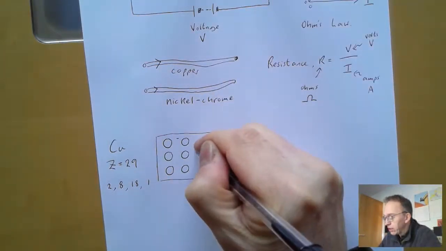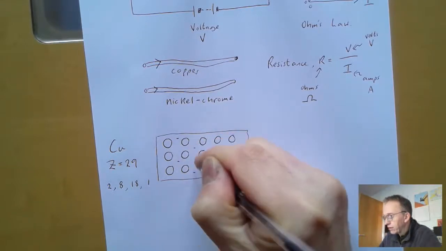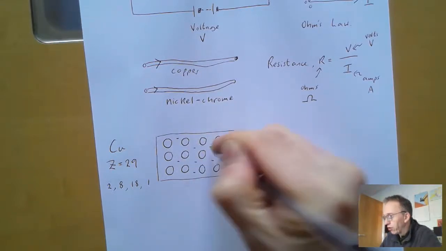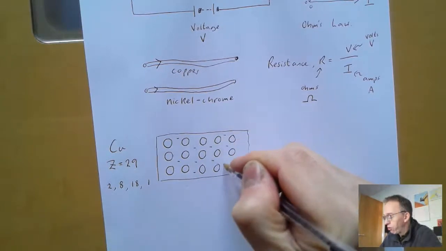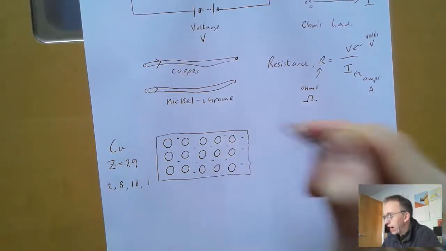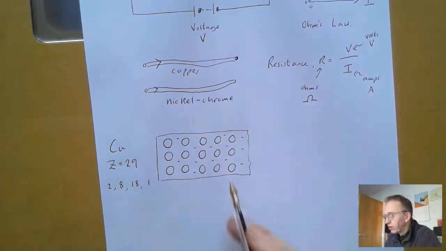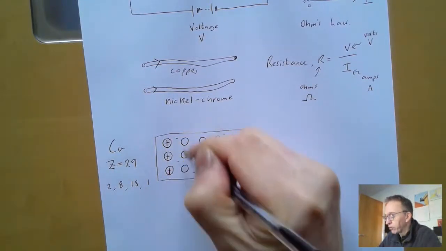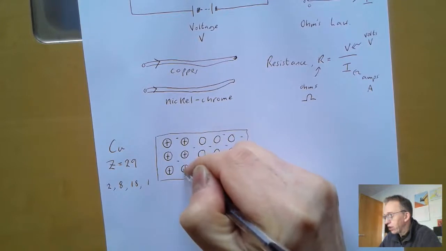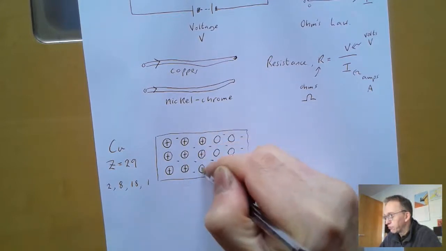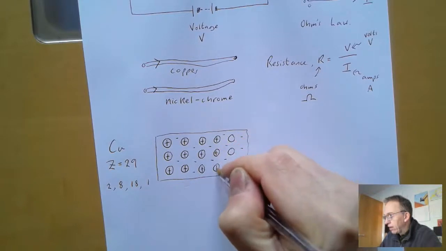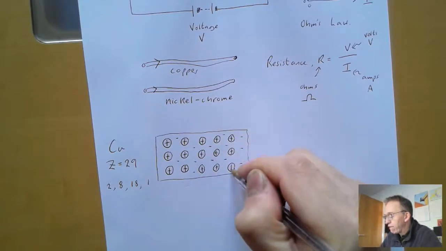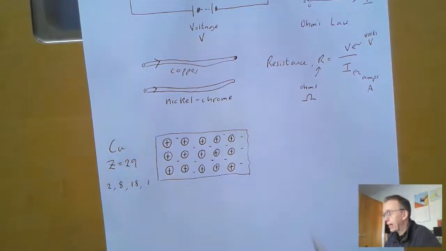And that means that each atom can liberate one free electron, which can go off and move around at random, like a tramp, wandering around through the crystal lattice. Now, since each copper atom has lost one electron, it has technically become a copper ion. So each of these atoms is actually a copper ion. It's a Cu+. Now the copper ions can't go wandering because they're fixed in the crystal lattice, but the electrons can.